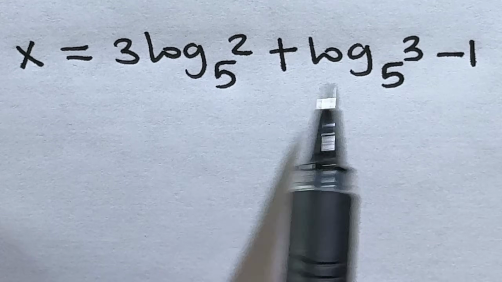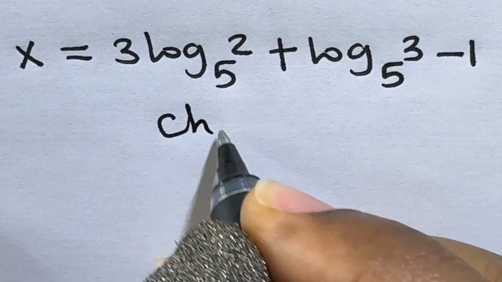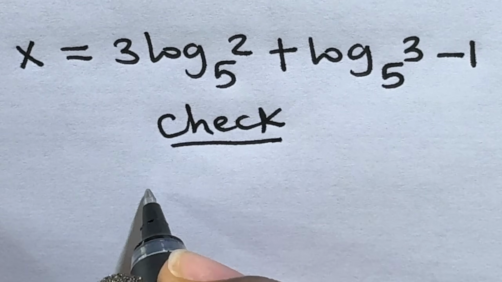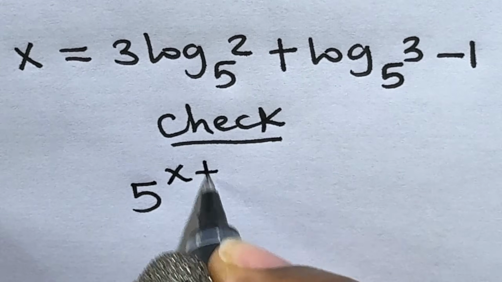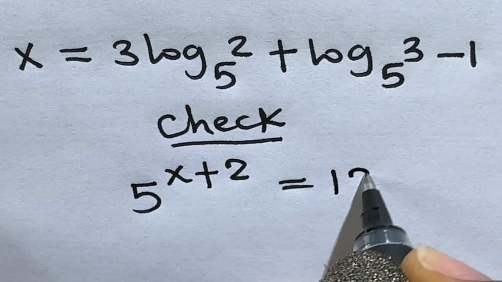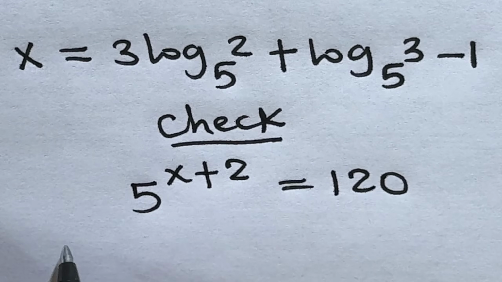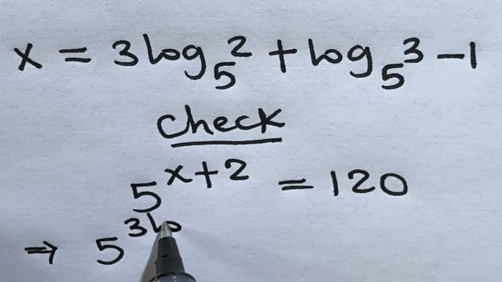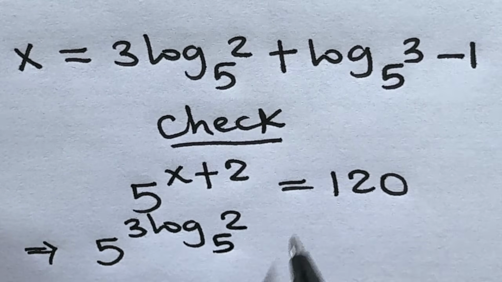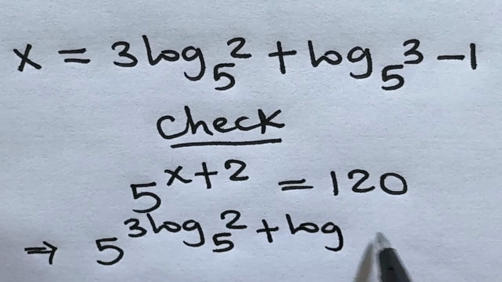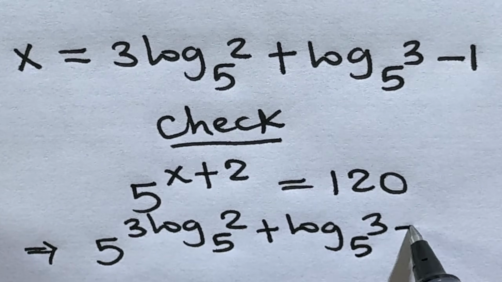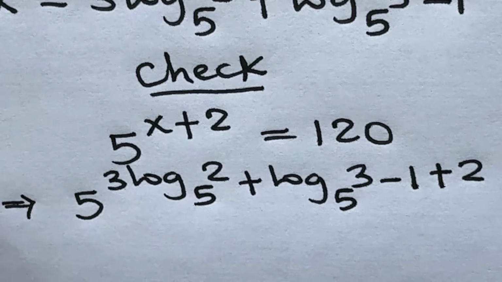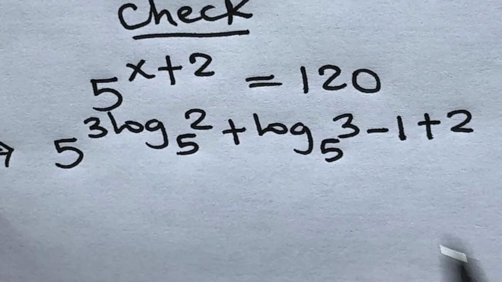Let us verify quickly that this is correct. So to check that this is correct, we'll substitute this value into the given equation, which was 5 raised to power x plus 2 is equal to 120. So we have 5 raised to power 3 log 2 base 5 plus log 3 base 5 minus 1 plus 2, and this should give us 120.